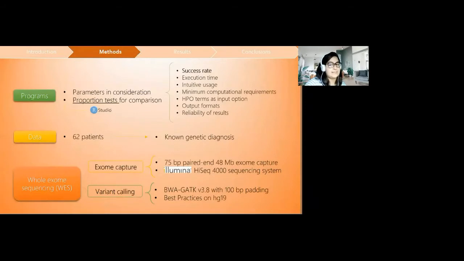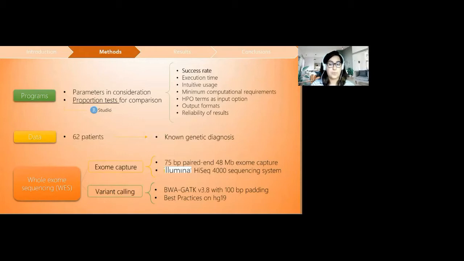For this, we selected a few bioinformatics applications to be evaluated with real whole exome data from 62 patients in total with known genetic diagnosis via other tests. A few parameters have been considered regarding this software related to their use, their reliability, and complementary options, such as output format options or HPO usage, where phenotypes can be indicated to guide the software in this process.